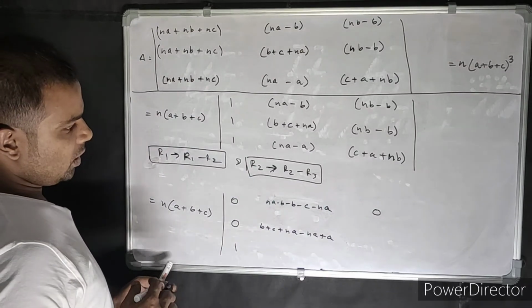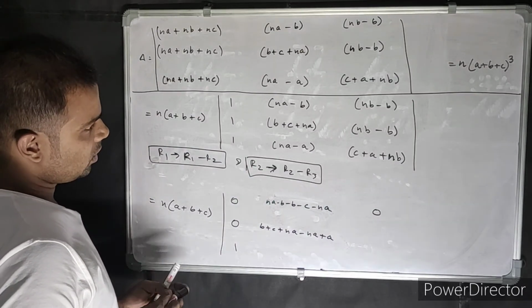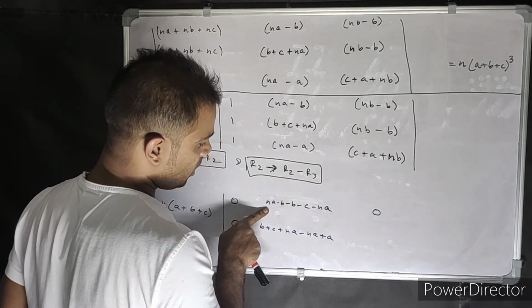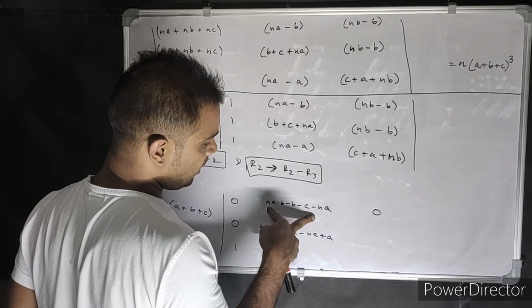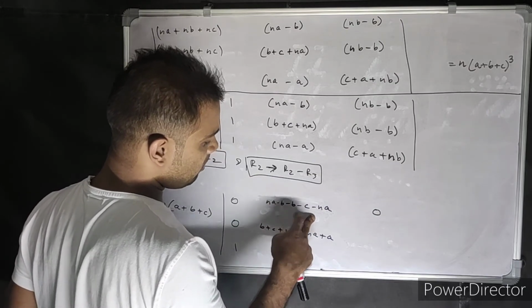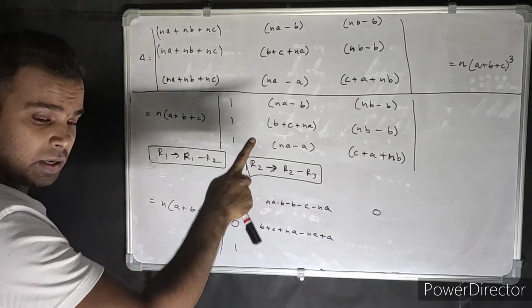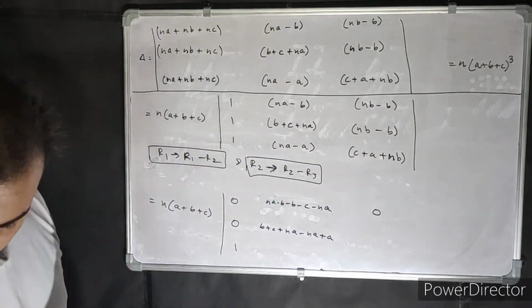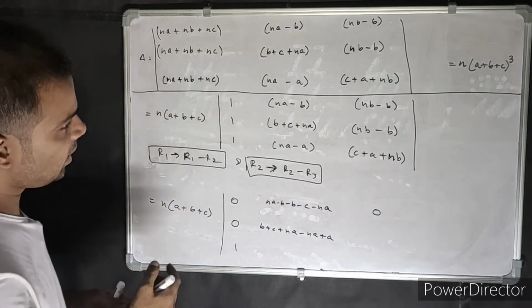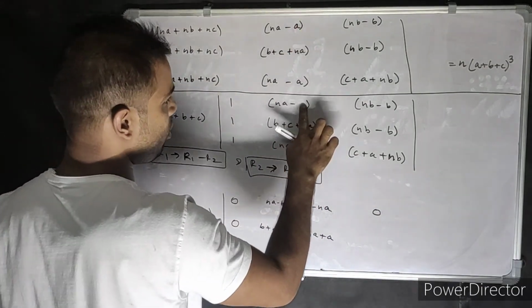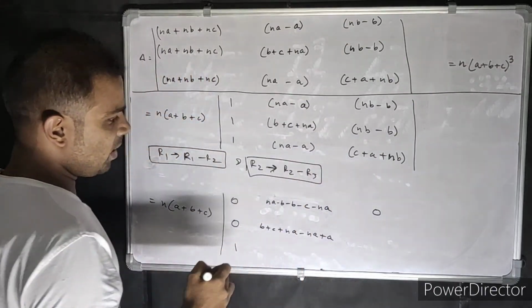And why are we not getting an A over here? Where did I make a mistake? NA and A is getting cancelled. We're getting minus B, and we're supposed to get an A over here. Made a mistake somewhere on top. It was NA minus A, yes. Please do change it. It is all my printing mistake.